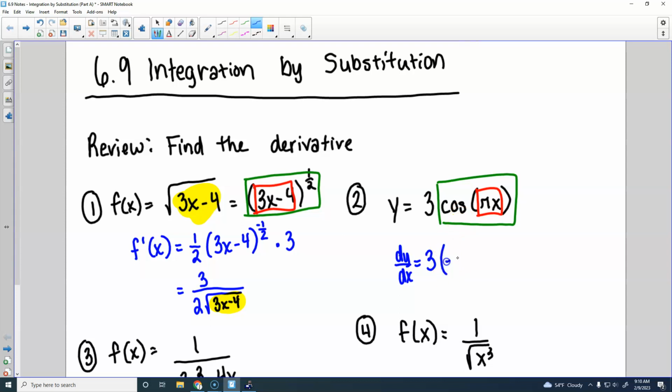Negative sine. We leave the inside part alone right now, but then we have to multiply by the derivative of the inside, which would just be pi. So that'd be -3 pi sine of pi x.